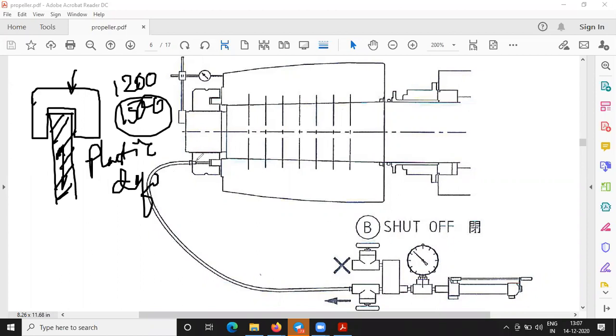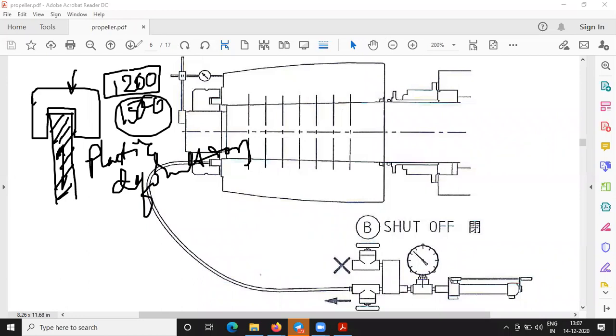So there is no such limitation for the hydraulic machinery, the hydraulic tools. It is a limitation of the part that it is working on. Here, the limitation is on the stud, not on the hydraulic machinery.